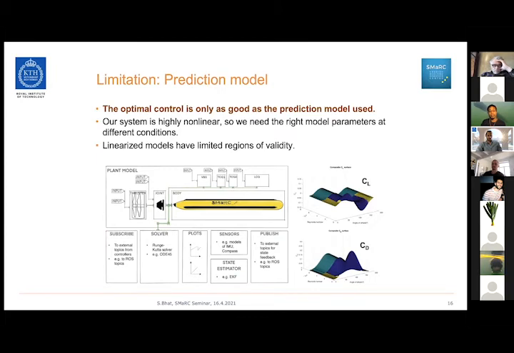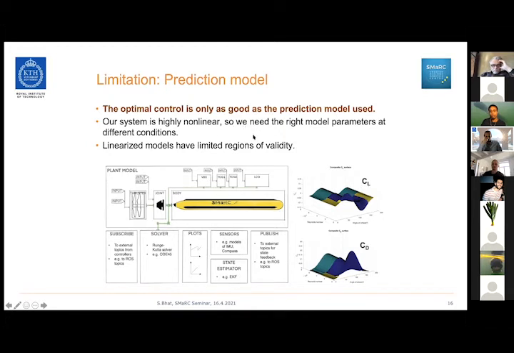One limitation that is very important when we're doing all of these kinds of model-based control strategies is that the prediction model is very important. Whatever optimal control you get is only as good as the model that we use. If you consider a system like SAM, which is hydrobatic, it's very nonlinear. So in a linear system, the CL graph is just going to be a straight line. But now here we have this curve in 3 dimensions, and the same for the drag coefficient.